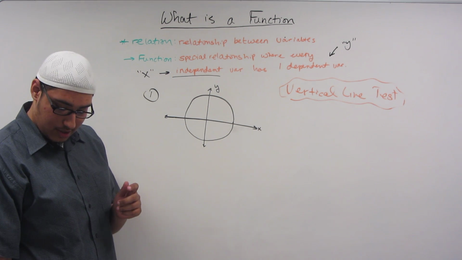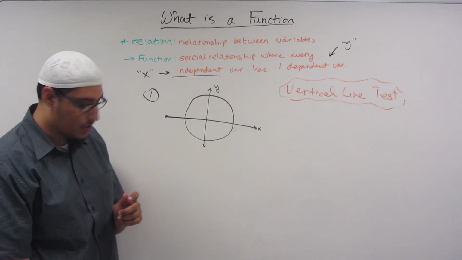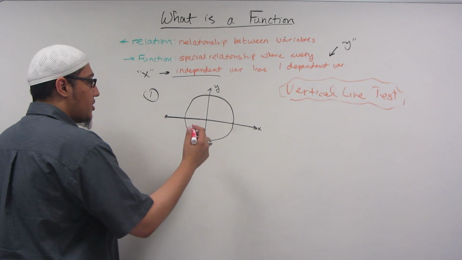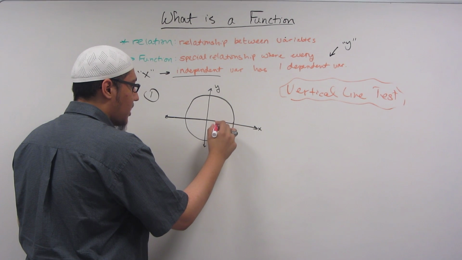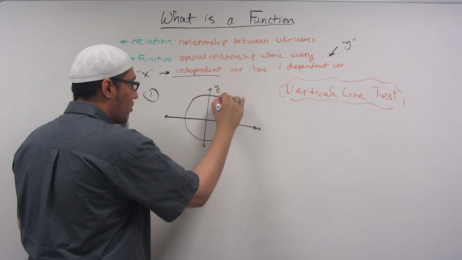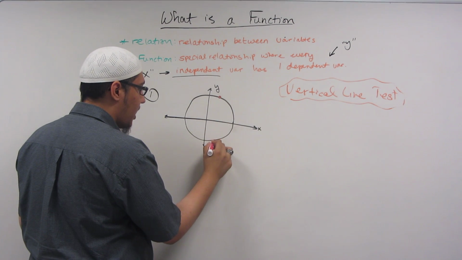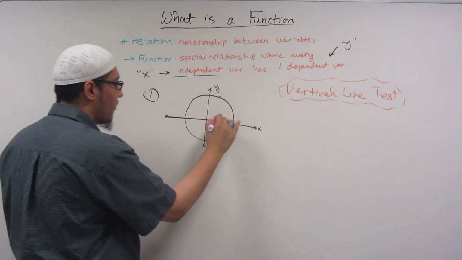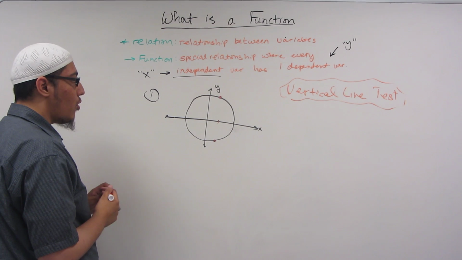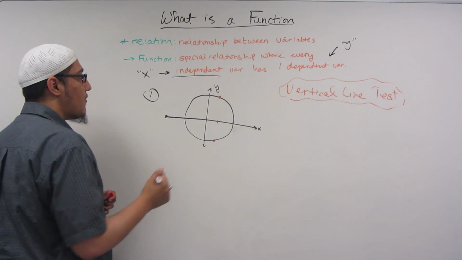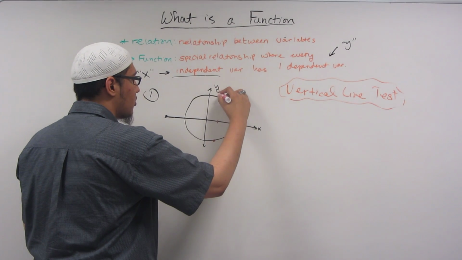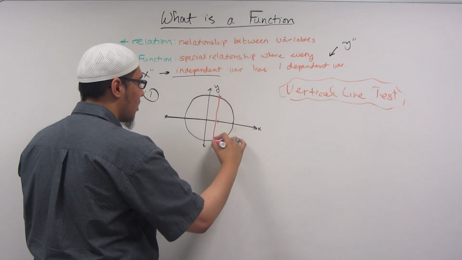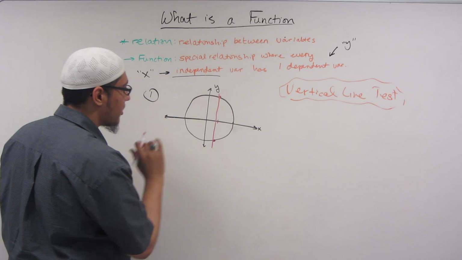Now this is not a function, and I can prove that by saying, if I were to come over here to the x-axis, go up to the y, I can make a point here, come right and come down, I can make a point right here. Okay, so for this value on the x-axis, I seem to have 2 points. In other words, if I draw a vertical line, my drawing is a little bit off.